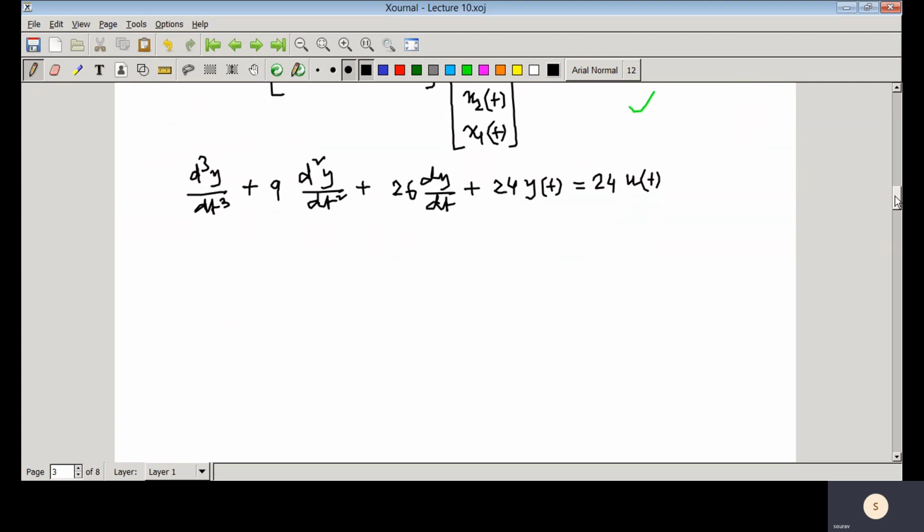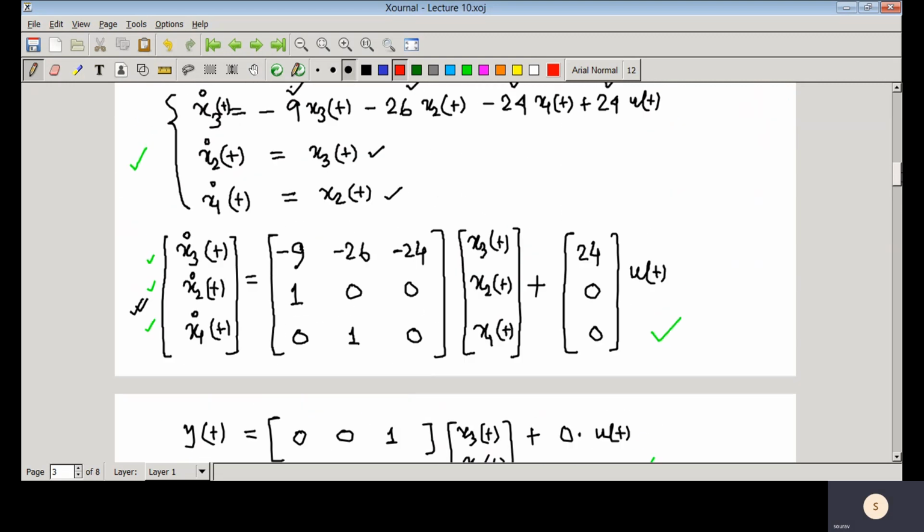So here we are interested in what is the transfer function. What is the transfer function of the system?